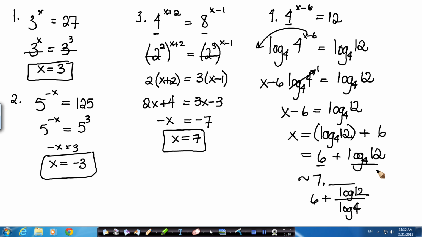Remember, that's the change of base formula where the one across the top goes in the numerator and the one across the bottom goes in the denominator. So that would give you something around 7 point something. Anyway, this is your example for exponential functions.